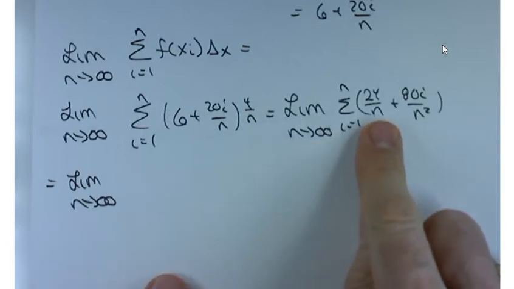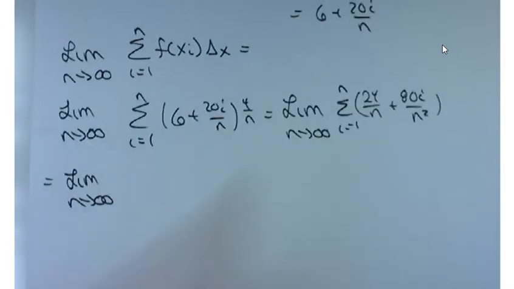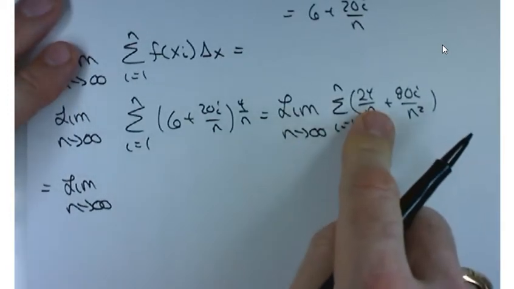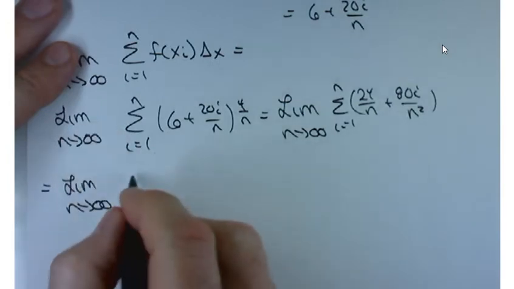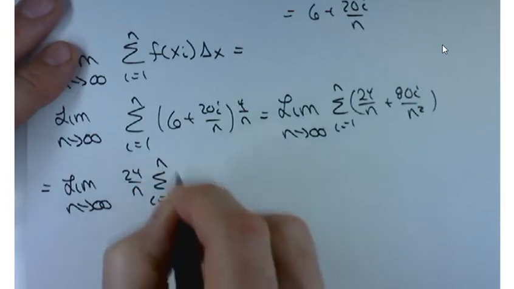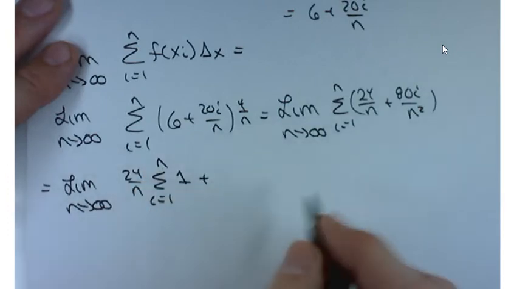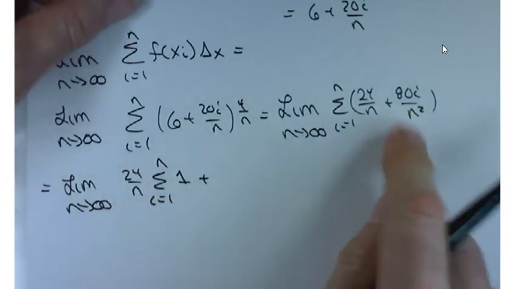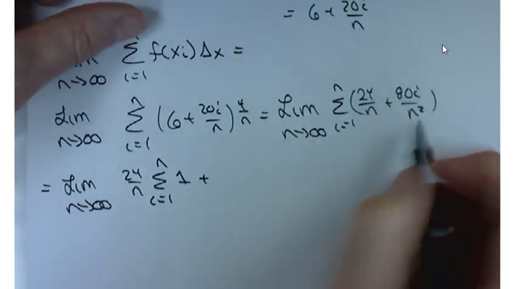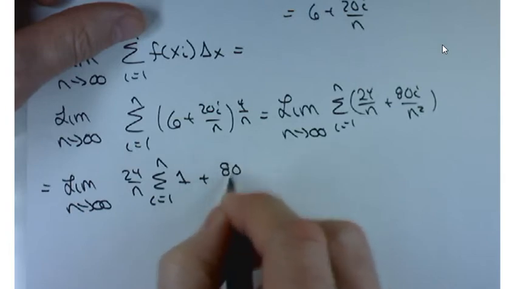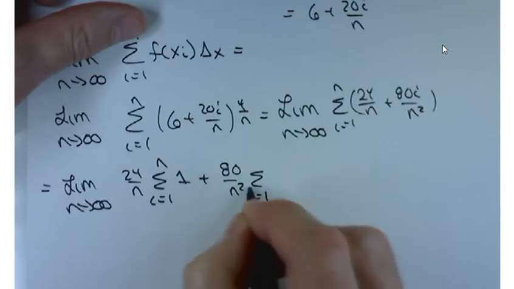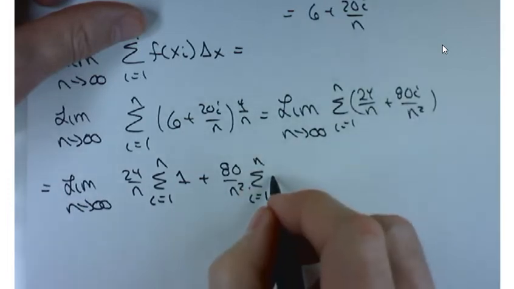Everything that doesn't involve an i can be factored out. So we're going to do this all in one step here. 24 over n gets factored out. I'll have 24 over n times the sum from i equals 1 to n of 1, plus, well, I can factor out the 80 over n squared. So 80 over n squared, and if I do that, what's left? Just i.